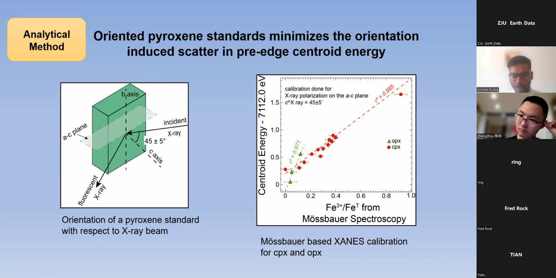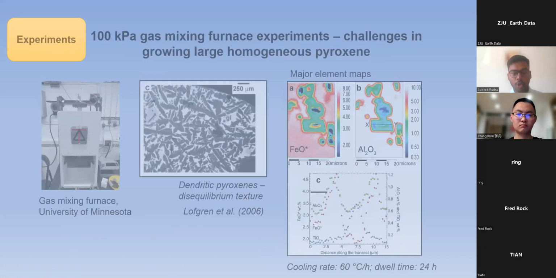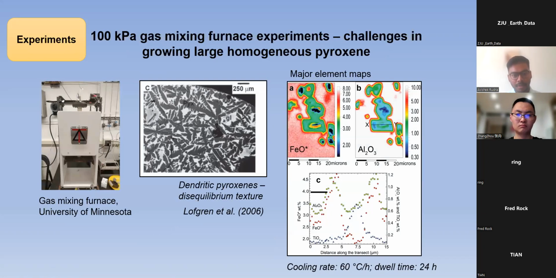So now we tackled one problem, that is, we now know how to measure ferric iron in the pyroxenes with a microbeam method using XANES and oriented crystals. The second challenge is to grow pyroxene experimentally. My first task was to measure ferric iron between CPX and melt and OPX and melt in a 1 atmosphere furnace.